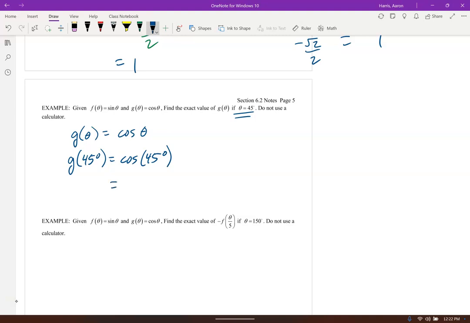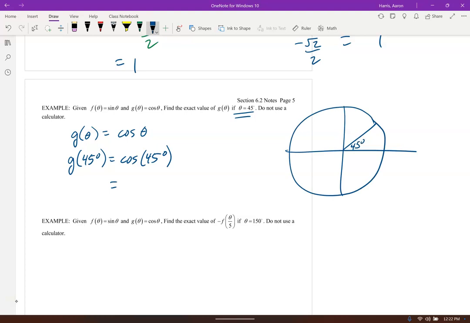So what would the cosine of 45 degrees be? Is that the x or the y? Well, if you remember, the cosine is the x. So I'm looking on my unit circle right here. I'm rotating 45 degrees, I get that mark right there, and it's the cosine right there. Root 2 over 2.